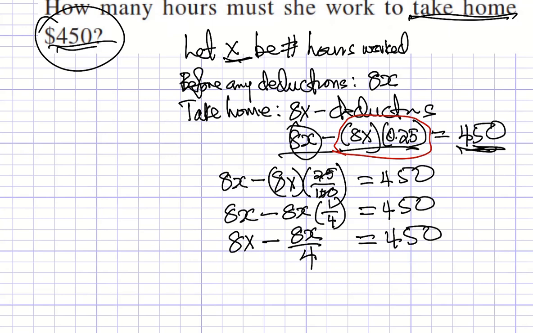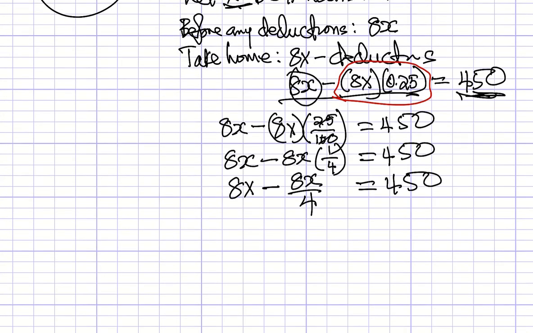I'm just playing around with the numbers based on what I know. Do you understand? We can make sure this one has a denominator of 4, that way we can combine. How do we do that?